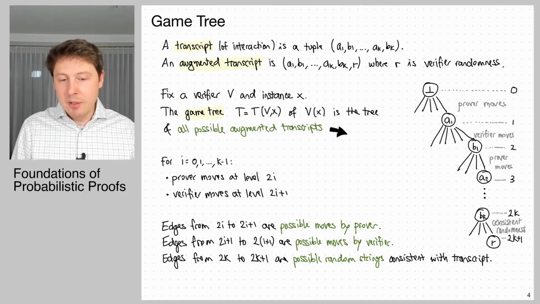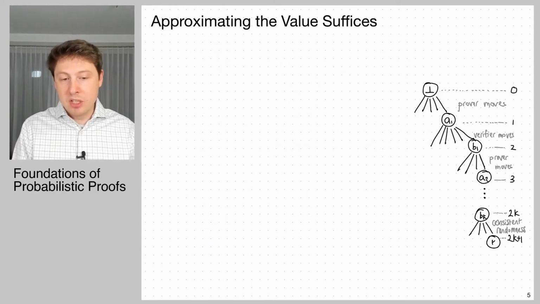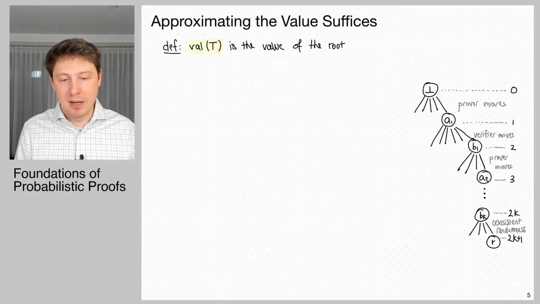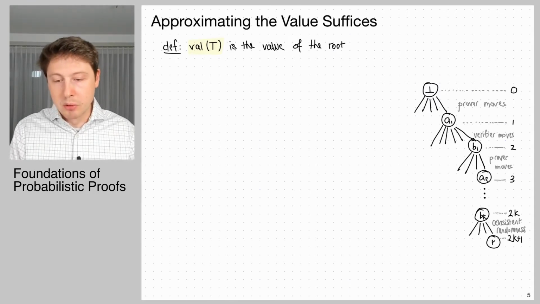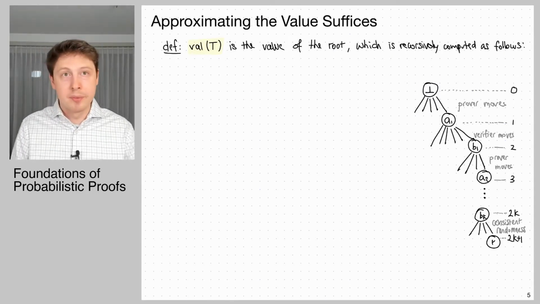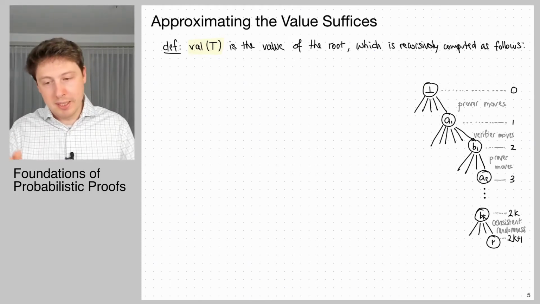Just like last time we were doing the upper bound, we are interested in understanding the value of the game tree, okay? And actually, specifically, we're going to be approximating the value. Well, let's first define the value. So the value of the game tree is just the value of the root, which is recursively computed, depending upon where you are in the tree, starting from the bottom, ending up at the top, right?